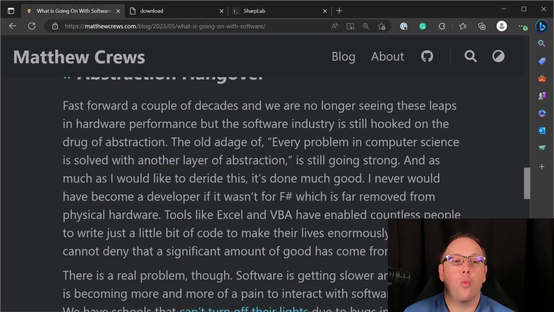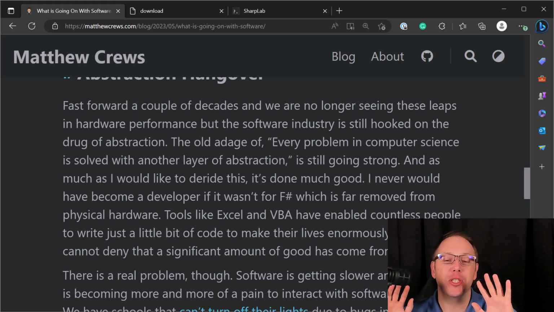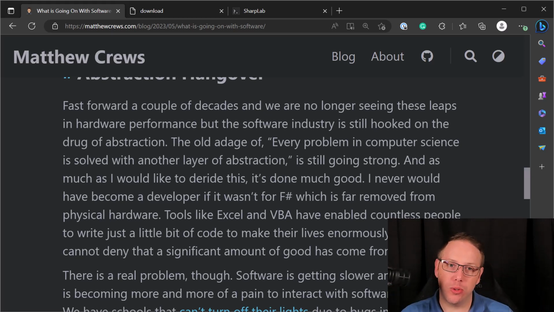Now, what I also concede in here, and I want to point out, is the takeaway is not, oh my goodness, we just need to go back to C. Life was better. No, it was not. The solution is not to go back to the old ways, because a tremendous amount of good has come from these abstractions. And one of the examples I give is Excel and VBA.